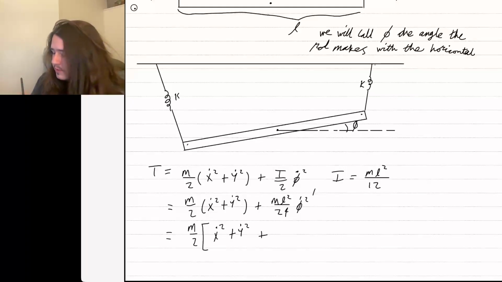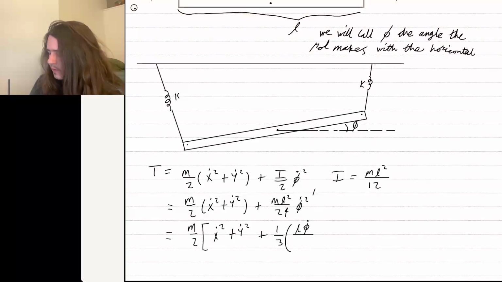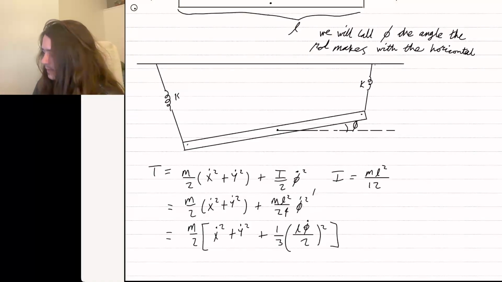So that's why I'm going to pull out a factor of 3 from that 24 as well, which leaves you l squared phi dot squared over 4. So you can just collect that as l phi dot over 2, all squared, in those brackets.